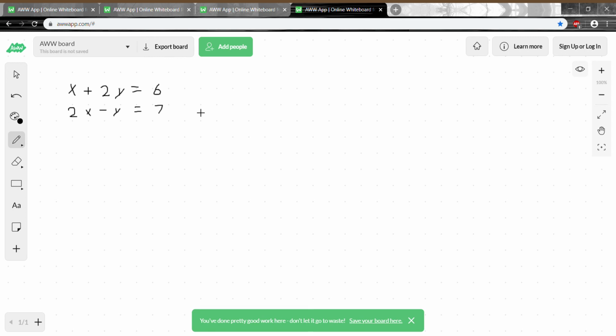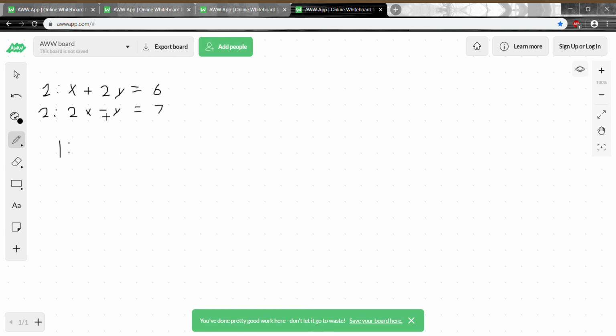Okay, so we're going to graph these. And we're going to start by converting these to the slope-intercept format that we learned earlier. So let's go ahead and call this equation 1. It's a terrible 1. Equation 1 and equation 2. So for equation 1, let's convert it.